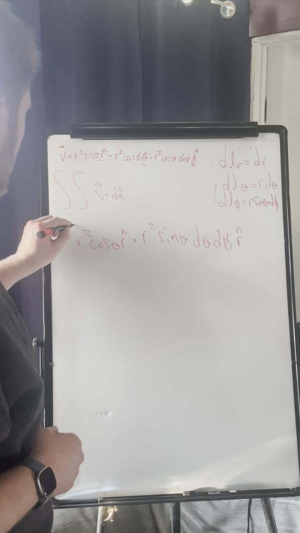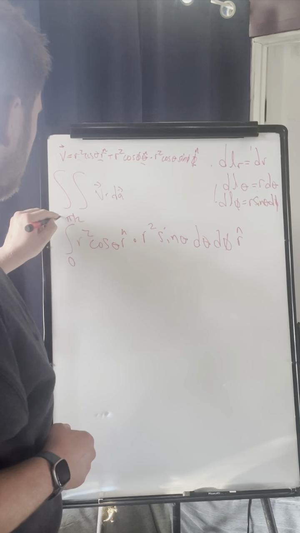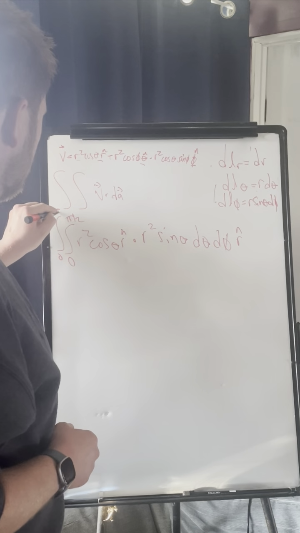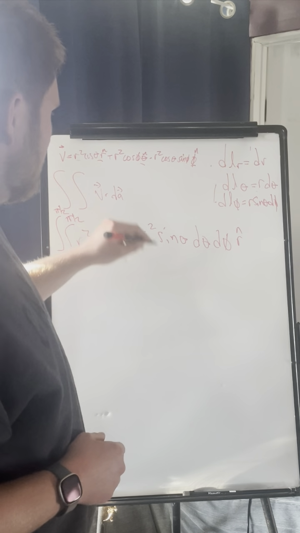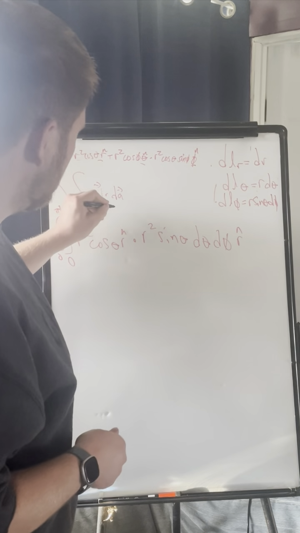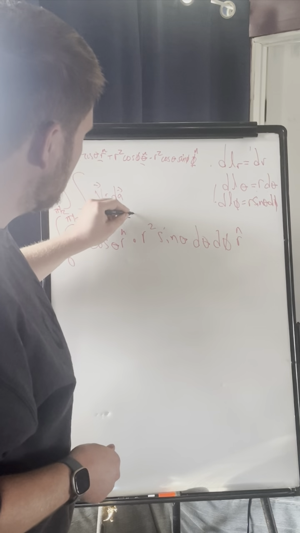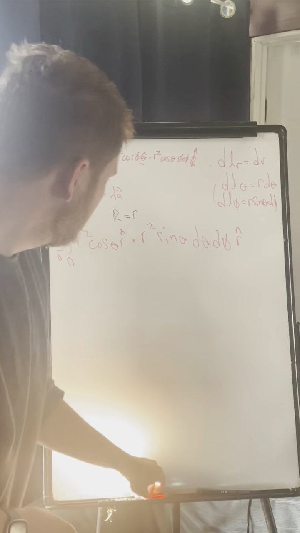So now we could just do this from 0 to pi over 2, our usual integration. And little r is big R in this case.